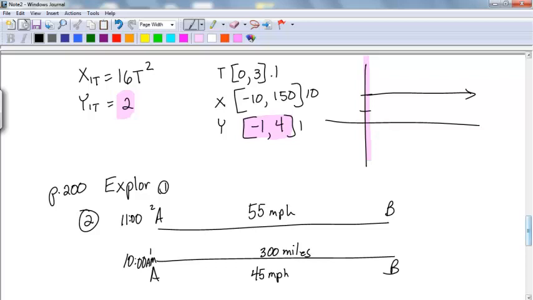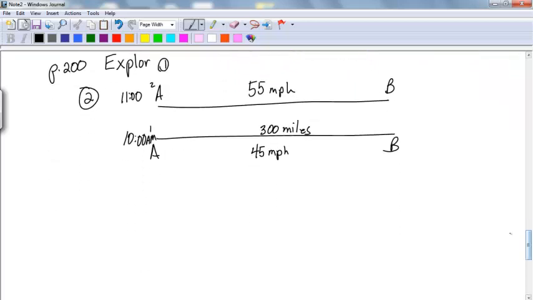You've got to go back and use distance equals rate times time. For the first one, it's going 45 miles per hour for how much time? We don't know. So 45t, right?